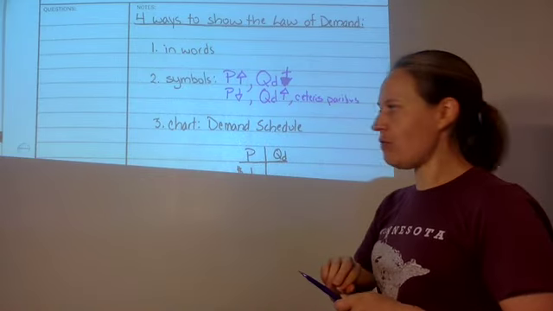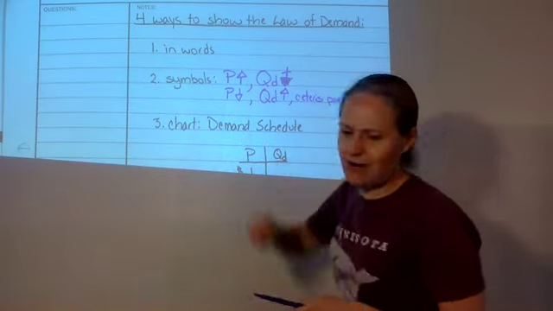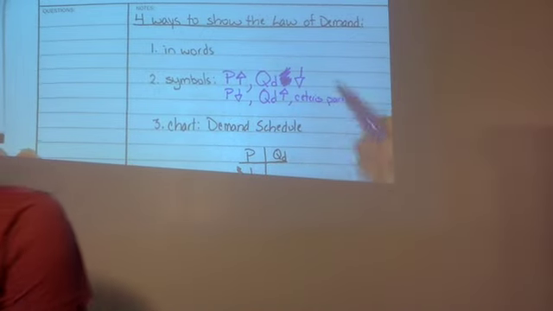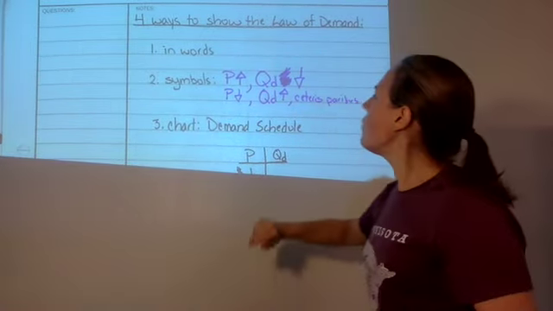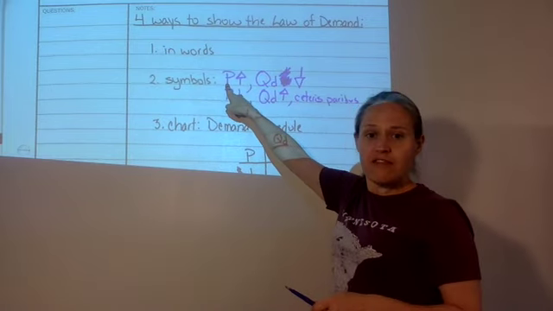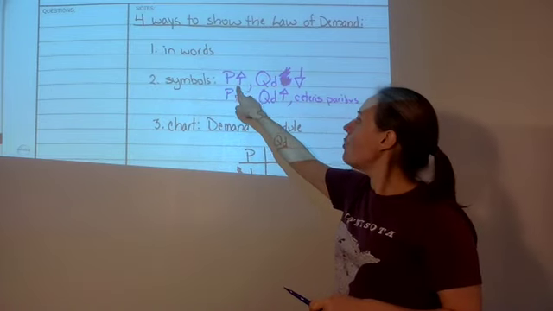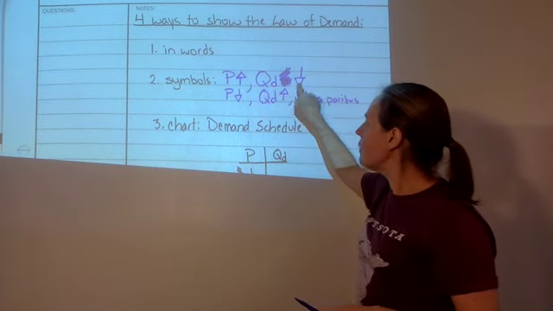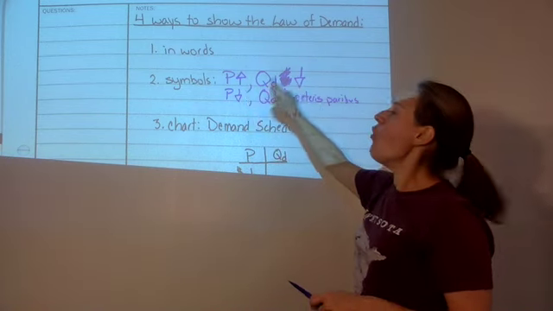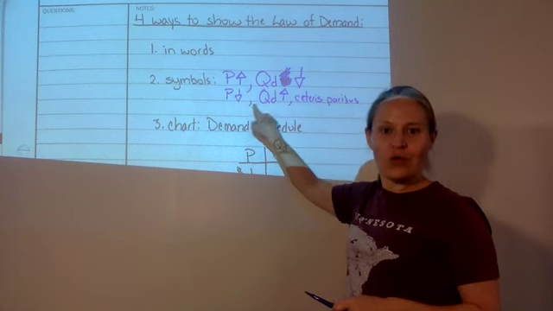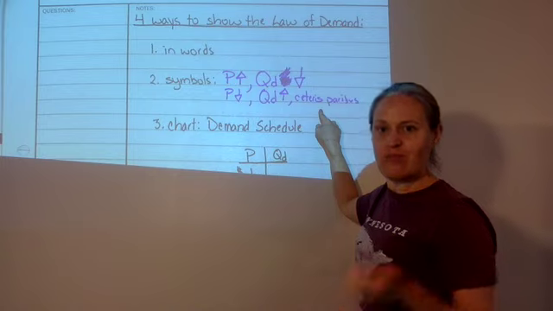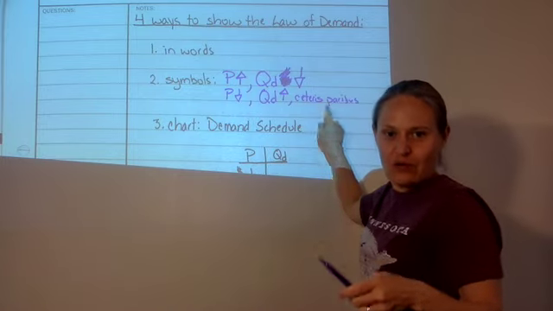So that's way easier to write. Sorry, I made this here. I'm just going to rewrite that. There, that. Okay. So when the price, P, goes up, the quantity demanded goes down. When the price goes down, quantity demanded goes up, ceteris paribus. Same thing, only written much shorter with symbols.